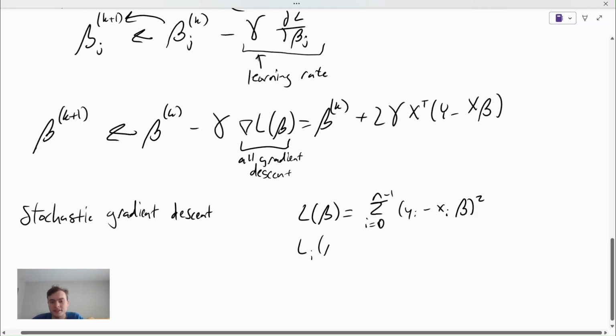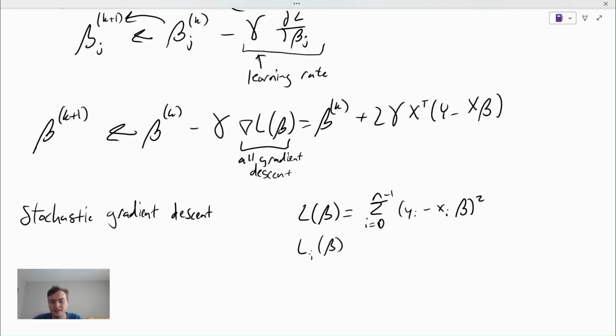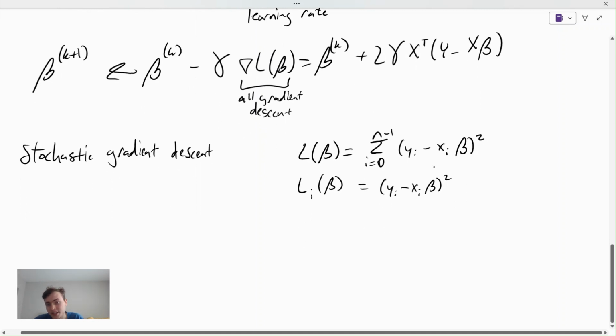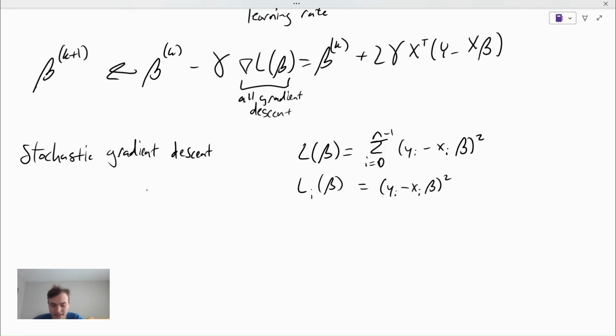Now we're looking at the loss function for a specific point, a specific row i. So instead of summing over the entire data set, we're just going to take the squared error at a single row. And then instead of using the entire data set, it now depends on which i is selected.